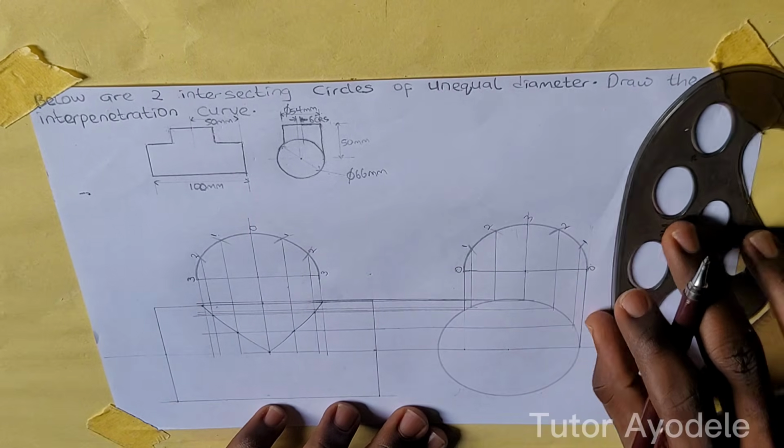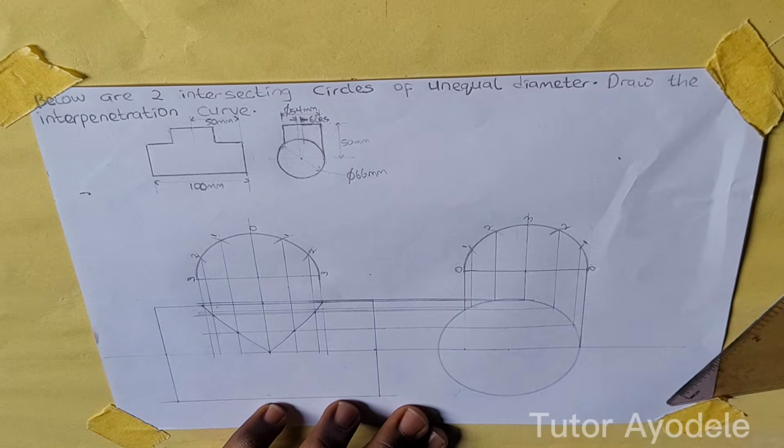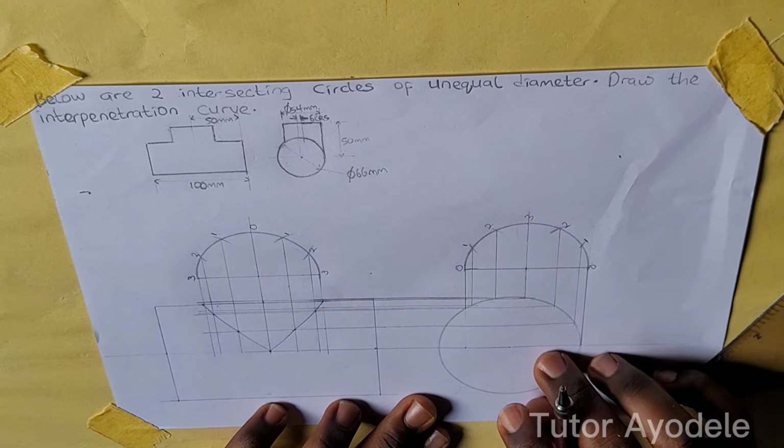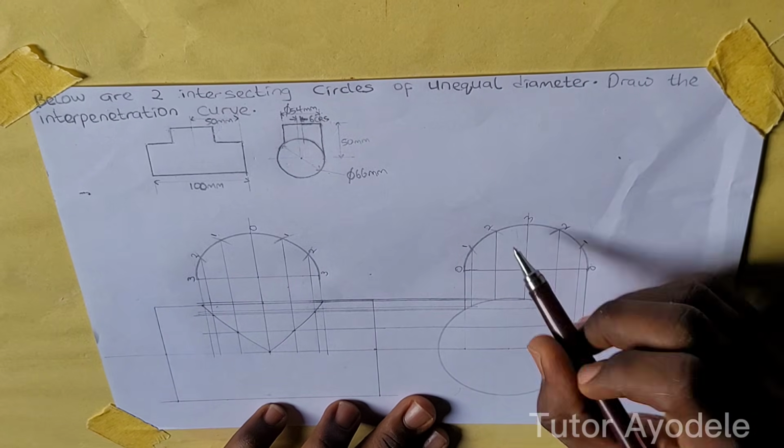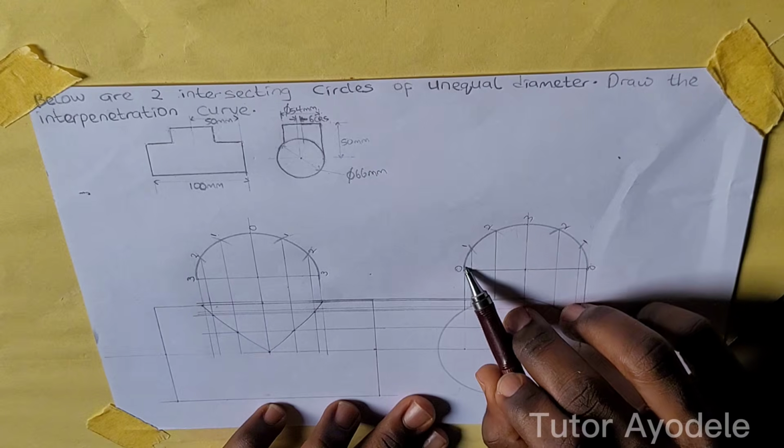Something like this. So for the second part, we're going to move from 3 to 0 and back to 3.